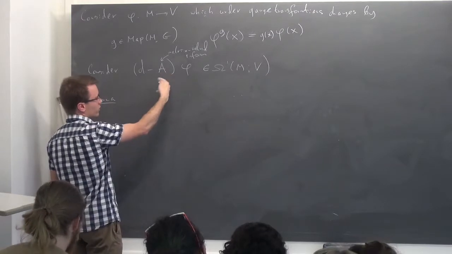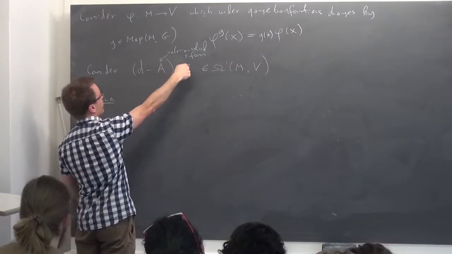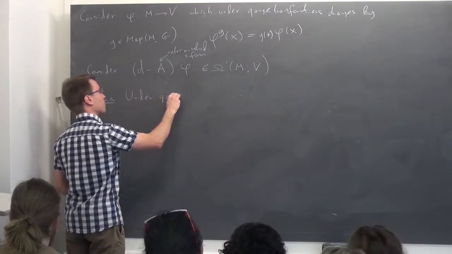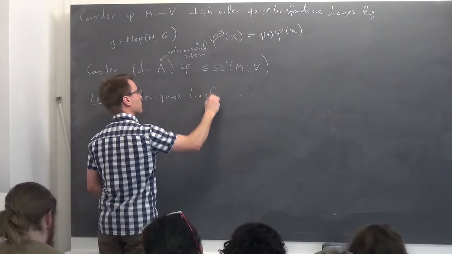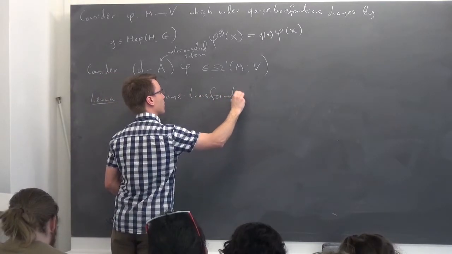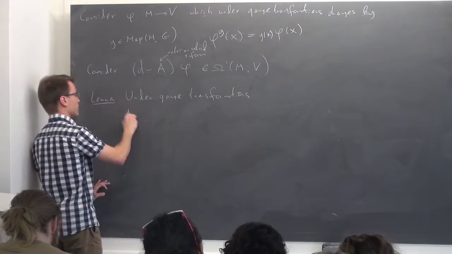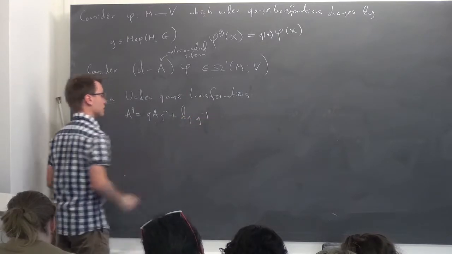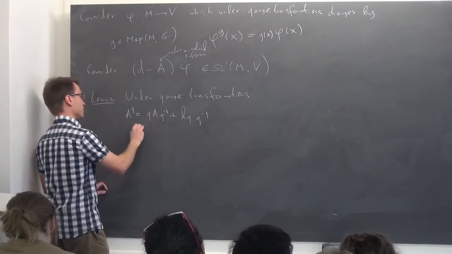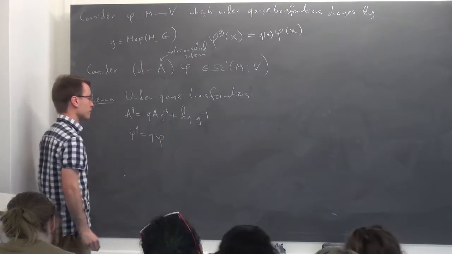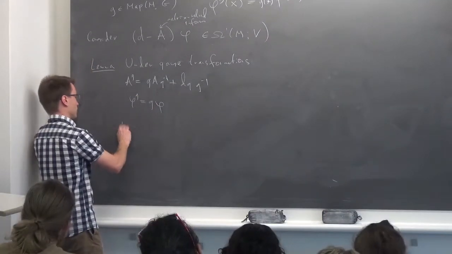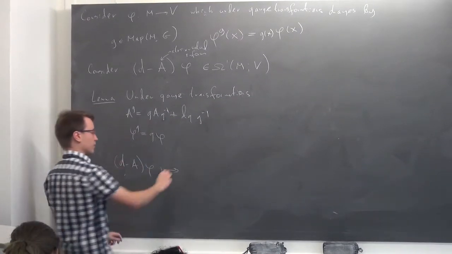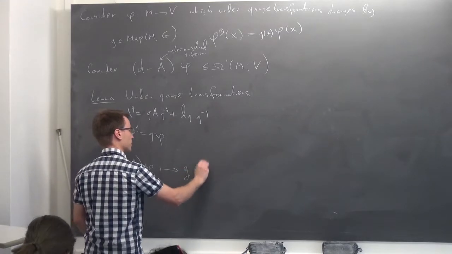So we already know how the connection changes under gauge transformations, and we know how phi changes under gauge transformations. So under gauge transformations where the connection changes in the usual way, and phi^g is g times phi, this expression transforms in a very nice way.